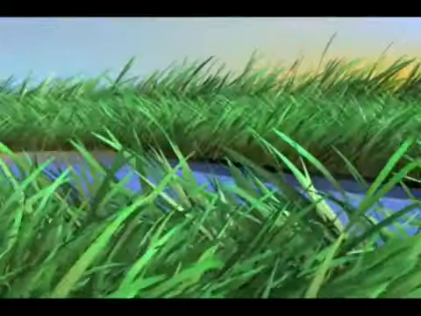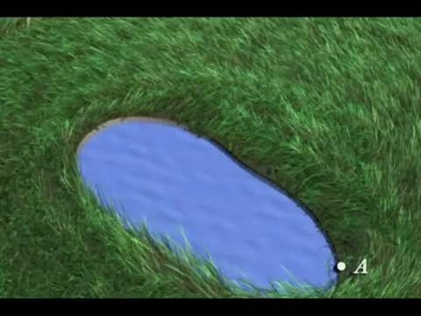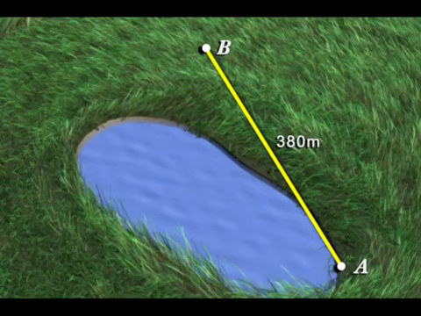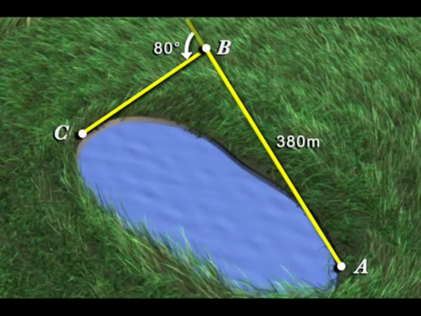You've got this marsh, and you're standing at point A, and you walk to point B, 380 meters. Then you turn 80 degrees and walk to point C. And the distance from A to C will turn out to be the length of that marsh.